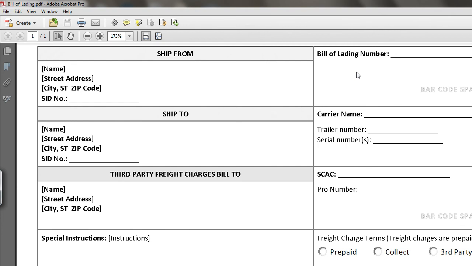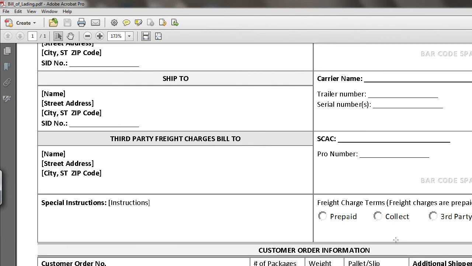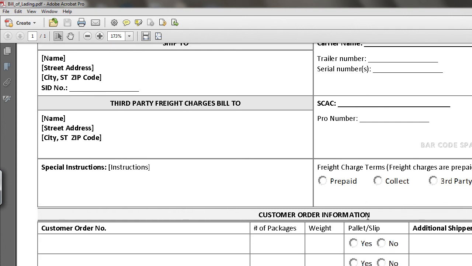There's, of course, just a lot of administrative stuff of the lading number, the tracking number of the shipment, the carrier's name, is it UPS or some trucking company, and of course mark concerning the freight charge terms right there.